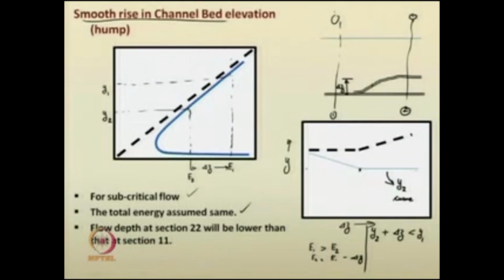That critical depth will be maintained as such. Similarly, the upstream flow depth will remain the same even if you increase the hump height, till the critical level, then the upstream depth slowly increases. This is the depth of flow versus the hump height profile if you observe for subcritical conditions.